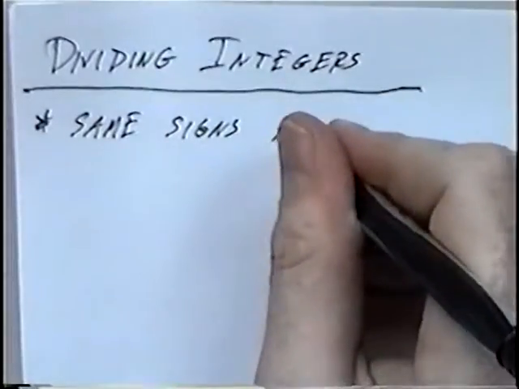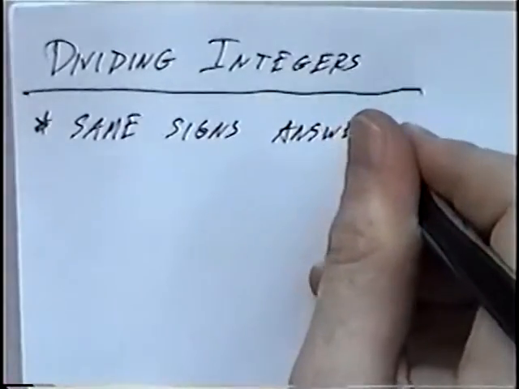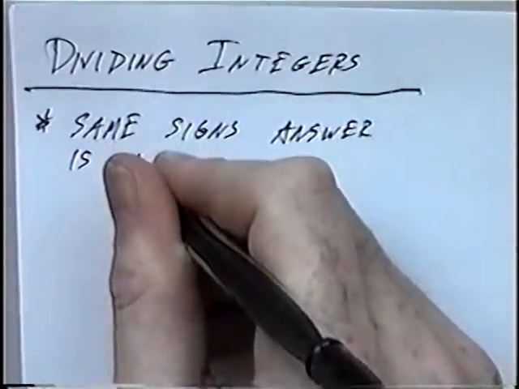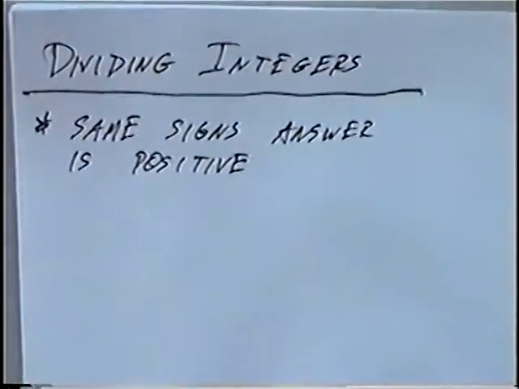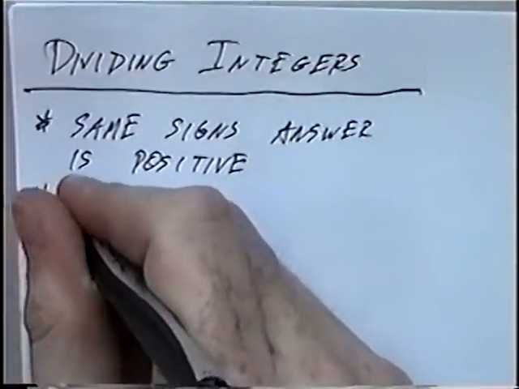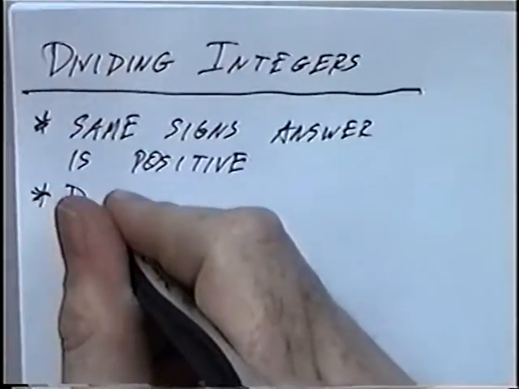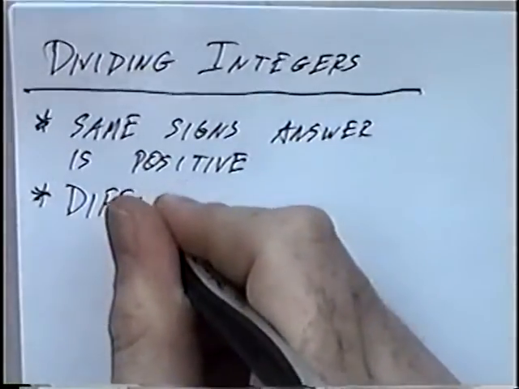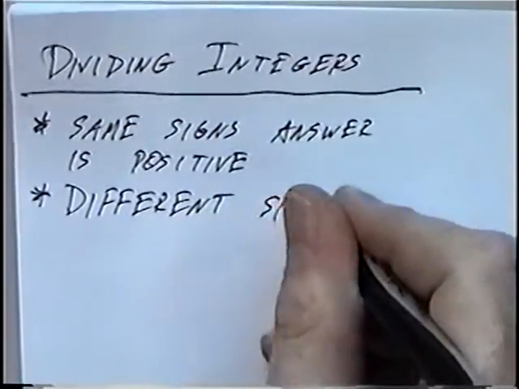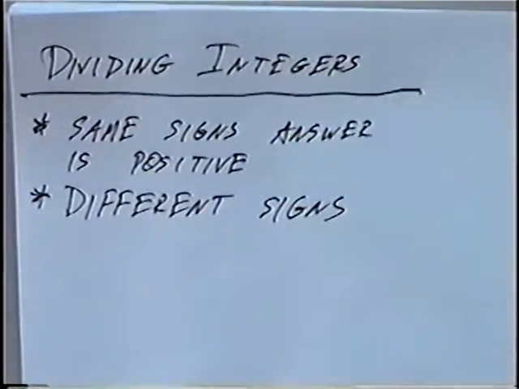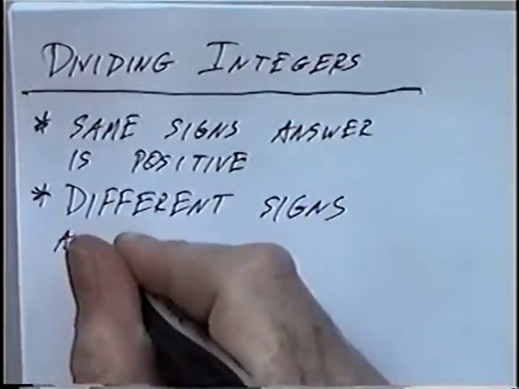Answer is positive. And the second definition, different signs. Answer is negative.